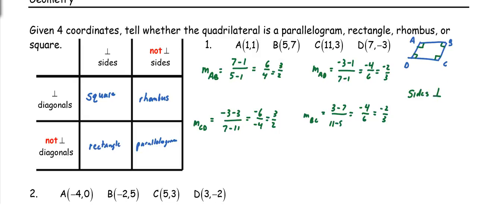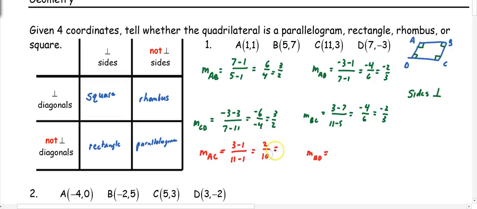Now we need to look at the diagonals. The diagonals in this case would be AC and BD. When I find my slope of AC, I have 3 minus 1 over 11 minus 1, which gets us 2 over 10, which reduces to 1/5. Then to find my slope of BD, I have negative 3 minus 7 over 7 minus 5.